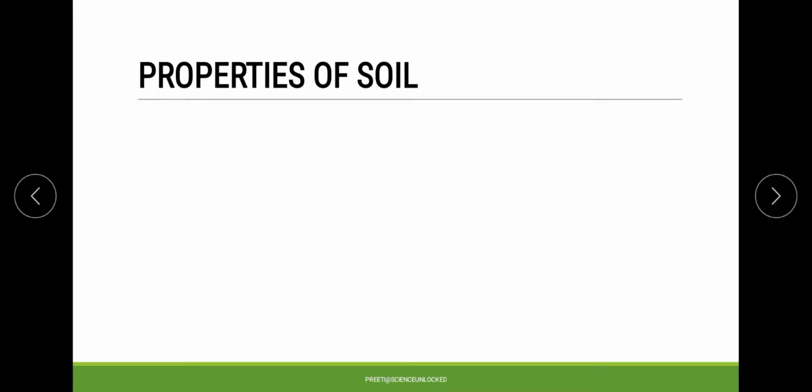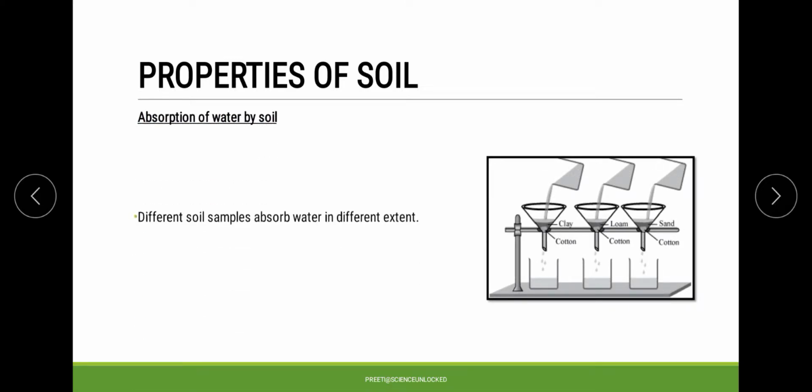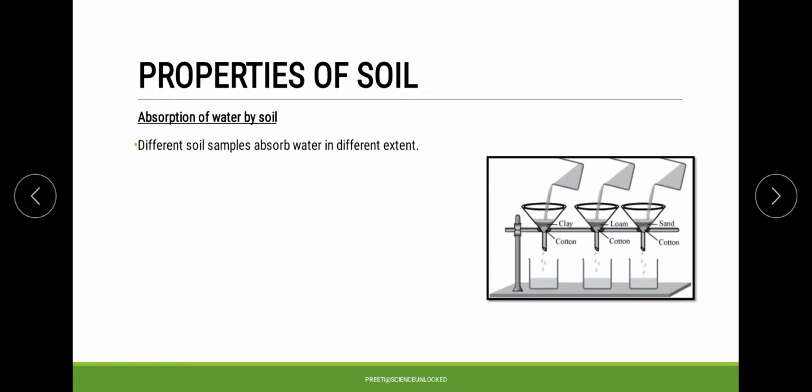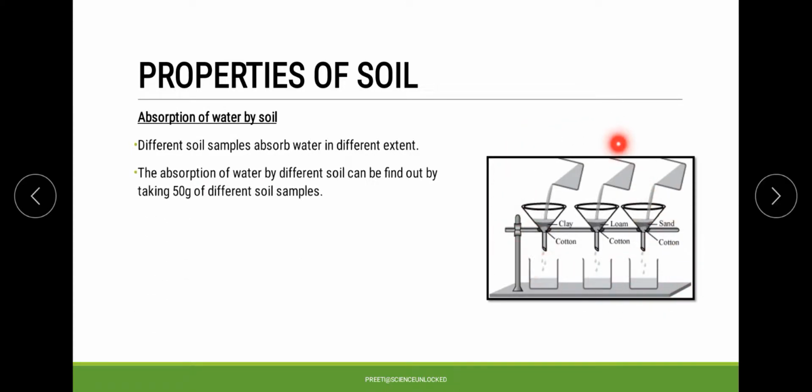The next property that we have is the absorption of water in the soil. That means how much water the soil sample can hold, for which we have a small experiment.